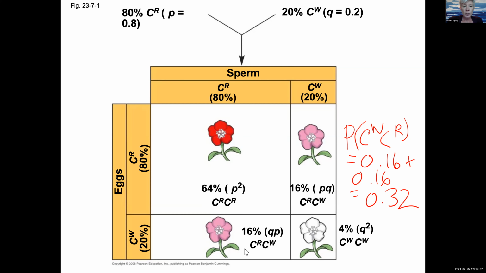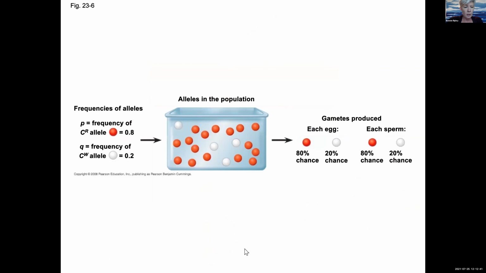All right, so there's a little notation I want to make sure that you're noticing here. So I'm going to go back to the last slide. And over here it said, let's call little p the frequency of one of our alleles. And let's use little q to denote the frequency of our other allele. If we only have two alleles, then little p plus little q should equal 1.0, all right?